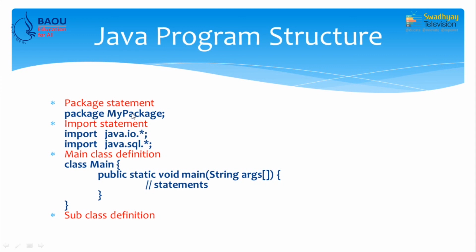Now, why do we require a package? Package organizes our code into a hierarchy. For example, my package name is mypackage. So, one folder with the name mypackage is created inside my source folder, and all these class files are stored inside this folder. So, it helps us to organize our program content.